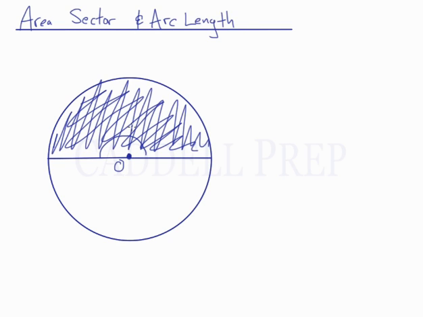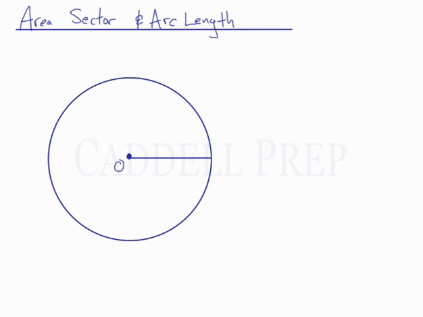So there's a direct relationship between the angle and the area of the circle. There's actually a proportion that exists between the angle that we have, we'll say is theta, and the area of the shaded region, which we'll call S.